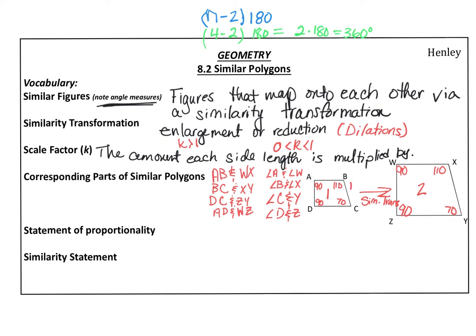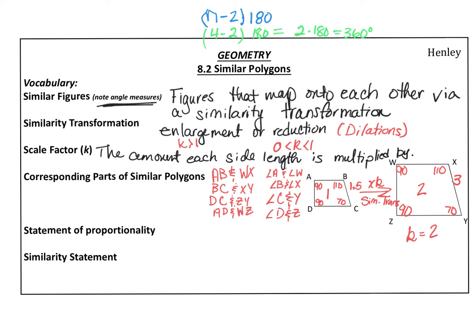So if the measurement were 1.5 and I had a scale factor of k, but we use it as a 2, so k equals 2, 1.5 times 2 is 3. You simply multiply all of the sides by the scale factor.